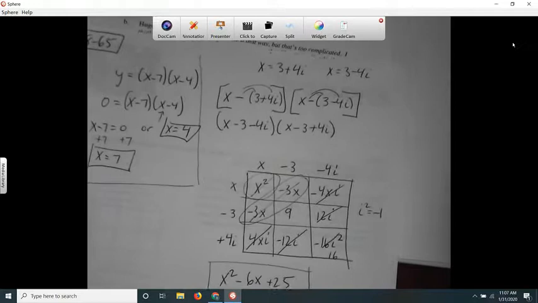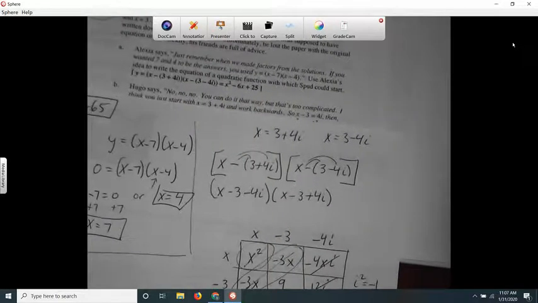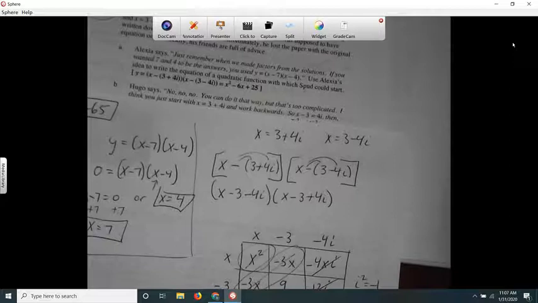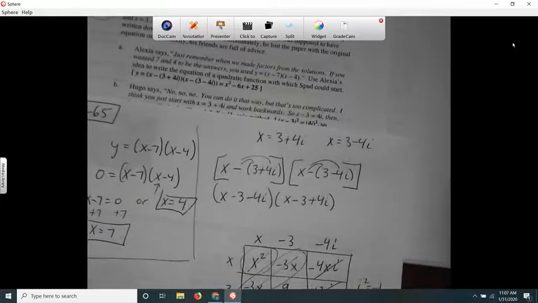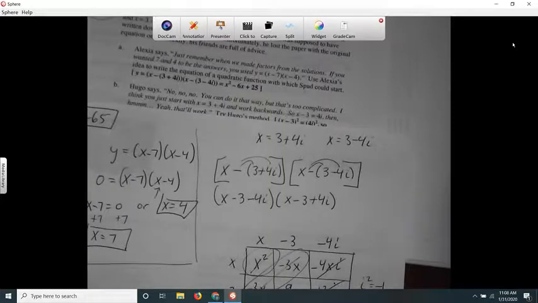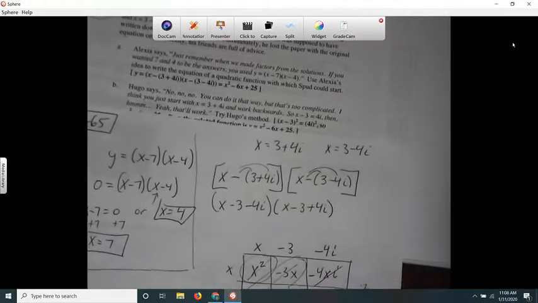The next part says, Hugo says, no, you can do it that way, but that's too complicated. I think you just start with x equals 3 plus 4i and work backwards. So this way doesn't make as much sense to me, but it's much faster. So now we're going to try Hugo's way.